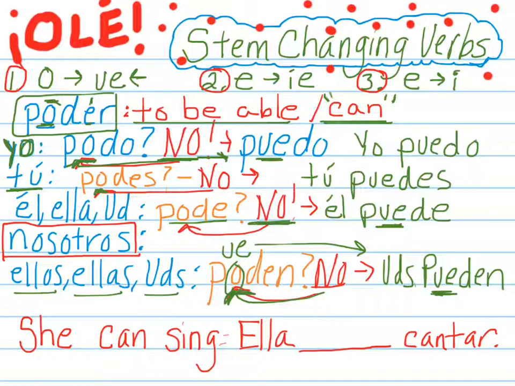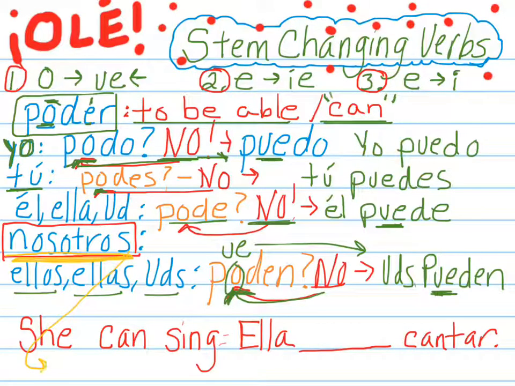Okay? Now, remember I was telling you that there is one form that never stem changes. Of course, they have to make this difficult. So the one that never stem changes is the nosotros form. Okay, nosotros never stem change. Here, I'll underline it. So, it's kind of getting messy on this board. So the way we would say we can would be, let's see, let's put it down here.